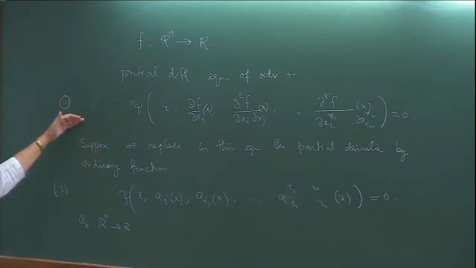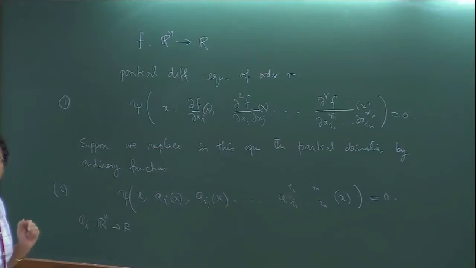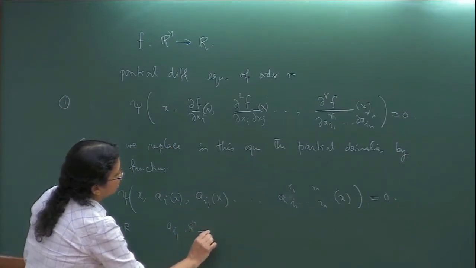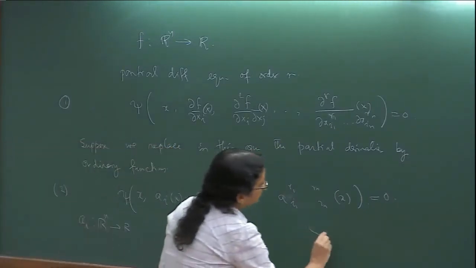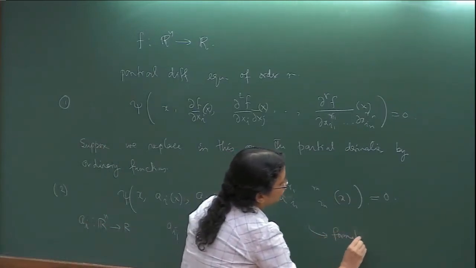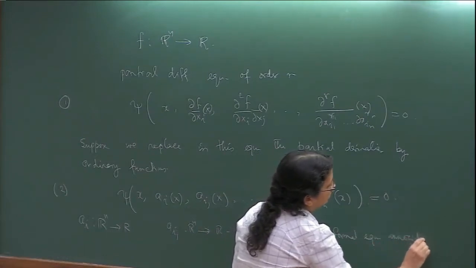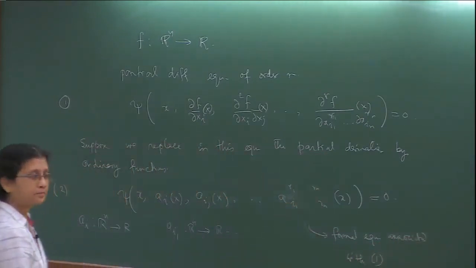So I have a differential equation, I am replacing the partial derivatives by some ordinary functions, I get another equation. Similarly, a_ij's are also some functions from R^n to R, etc. So this will be called a formal equation associated with our equation 1.